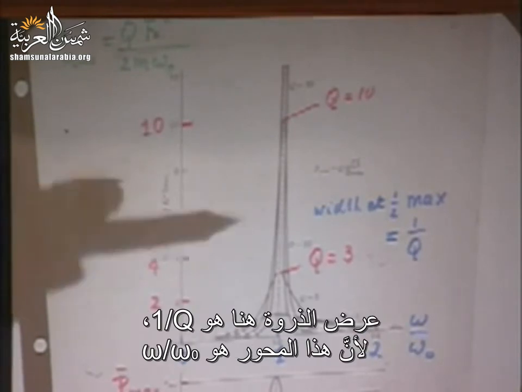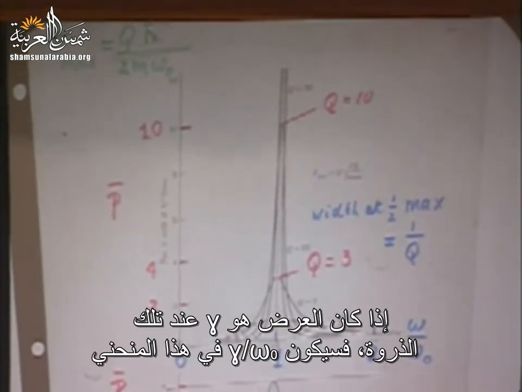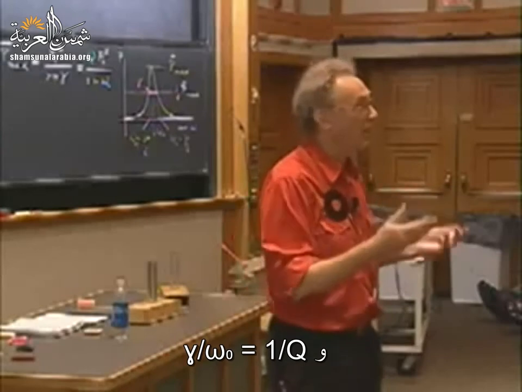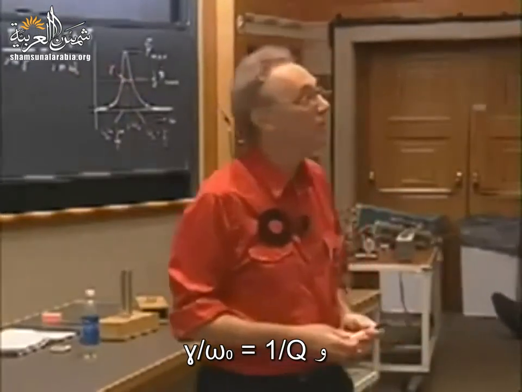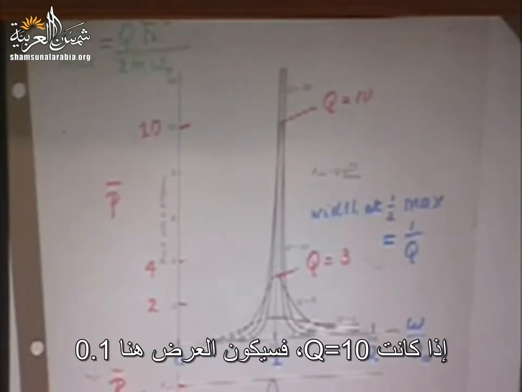The width of this peak is 1 over Q, because remember this axis is omega divided by omega 0. So if the width is gamma, on that peak it is now gamma divided by omega 0 in this plot. And gamma divided by omega 0 is 1 over Q. So here the width in this presentation is directly inversely proportional to Q. So if Q is 10, then the width there is 1/10.